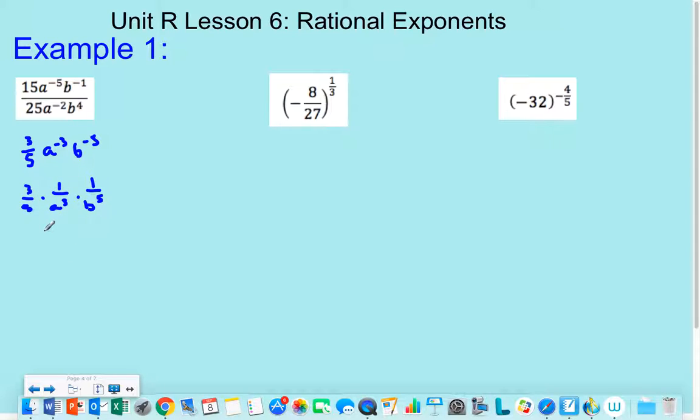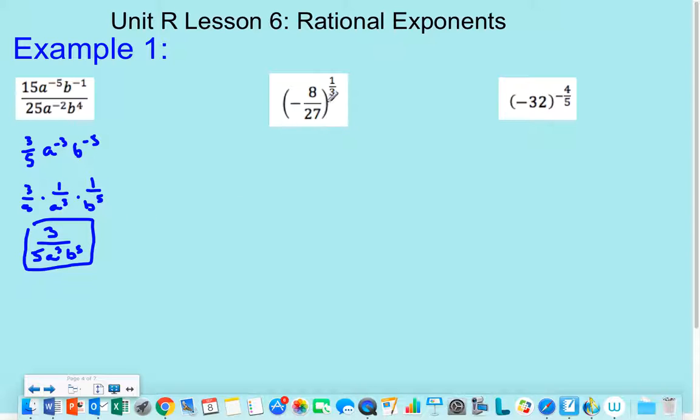And when I multiply these all back together, we wind up with 3 over 5a to the 3rd, b to the 5th. And so basically, you wind up putting the a to the positive 3rd on the bottom, b to the positive 5th on the bottom, and that's my final answer. But this is the reason why all that works.